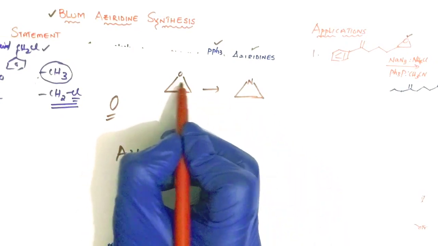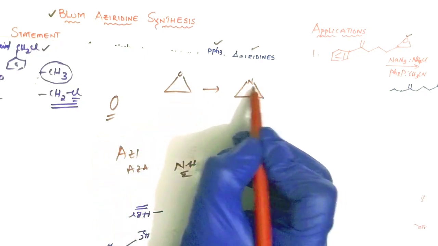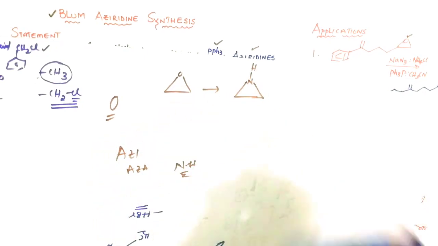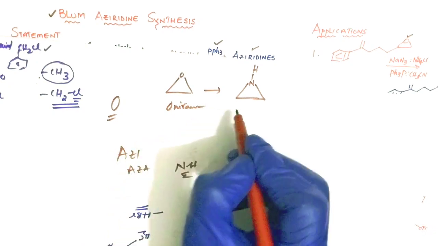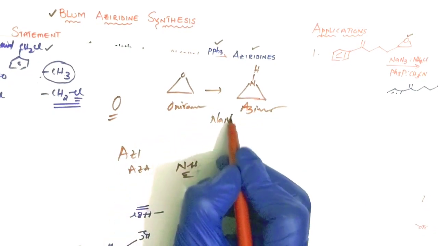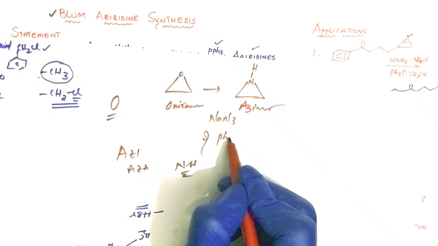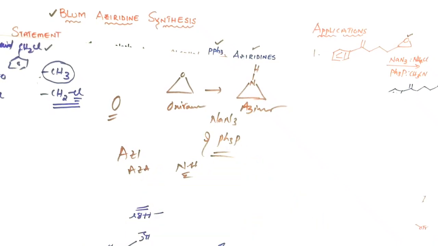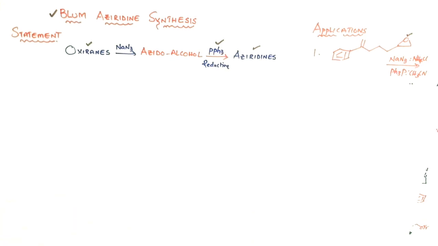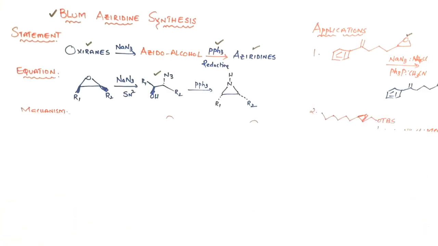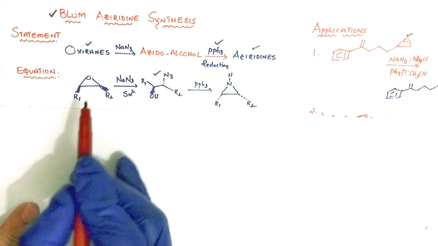Here oxygen valency is 2, but nitrogen valency is 3. That's why we need to place hydrogen. So conversion of oxiranes to aziridines by treatment with sodium azide and triphenylphosphine is commonly called as Blum aziridine synthesis.